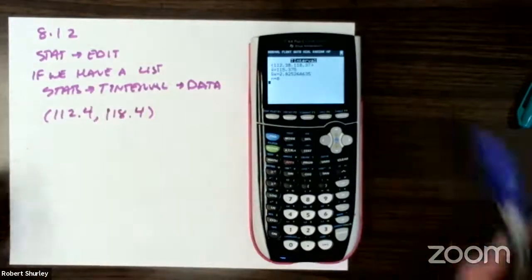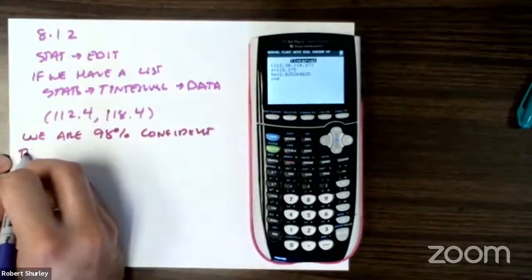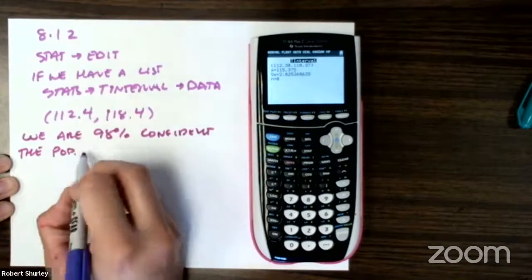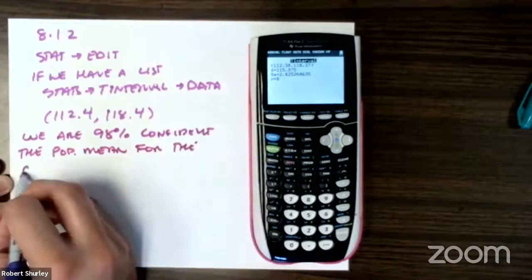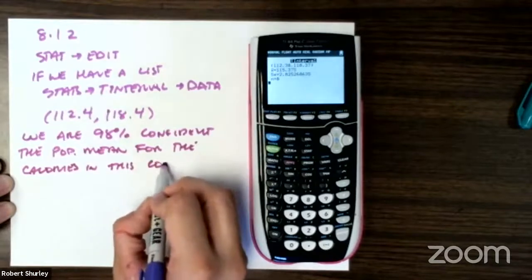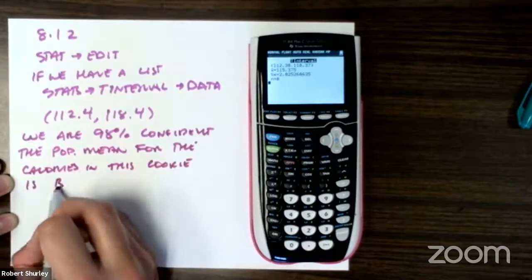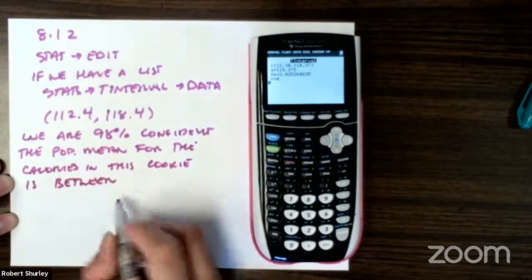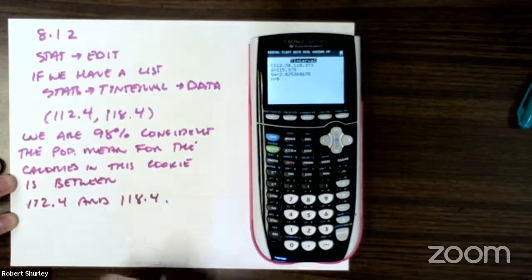Now this means the same exact thing. So let me write out what this means. We are 98% confident the population mean for the calories in this cookie is between 112.4 and 118.4.